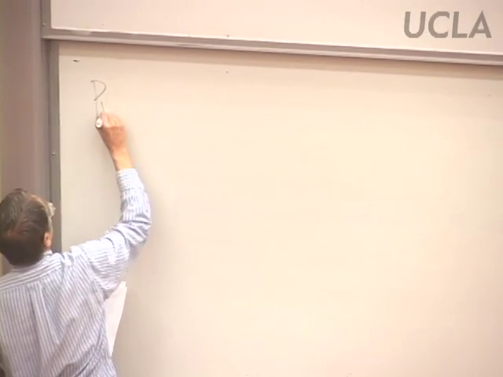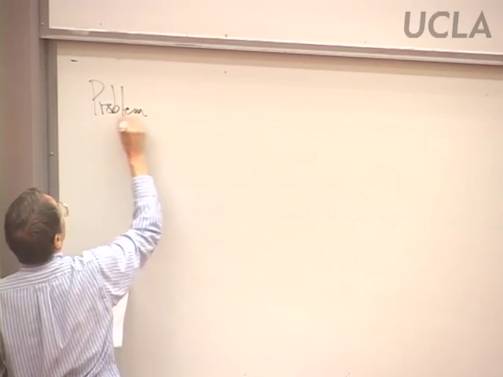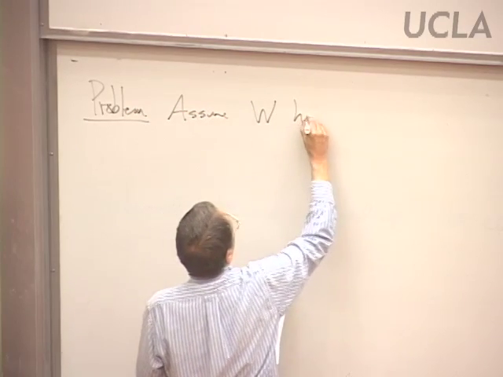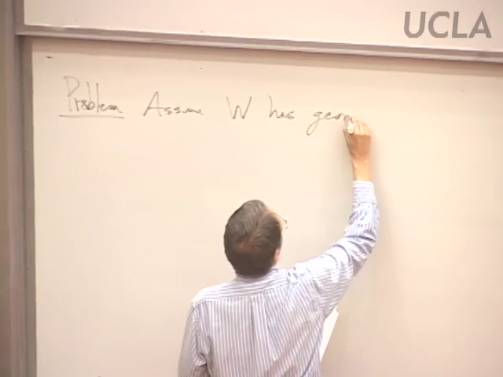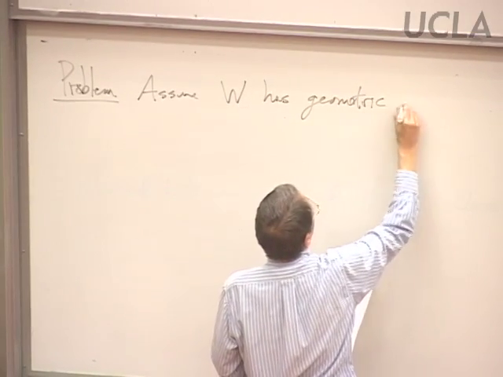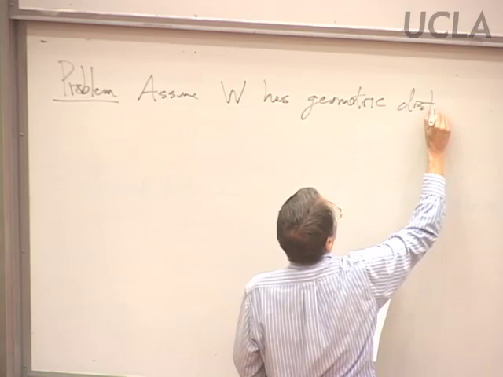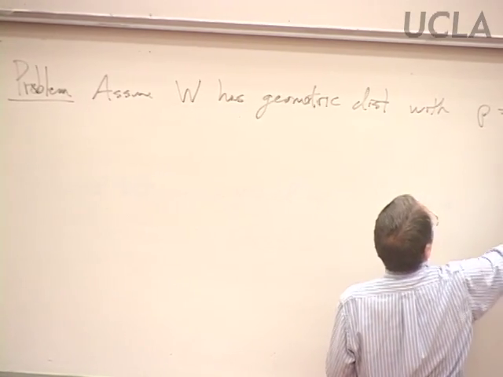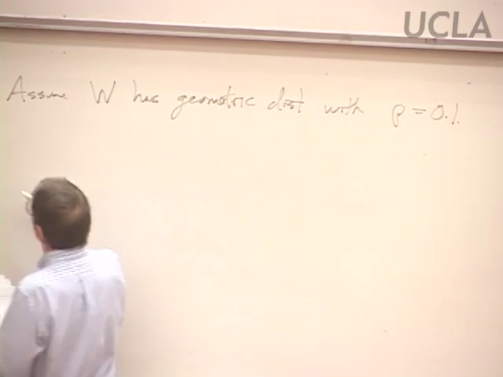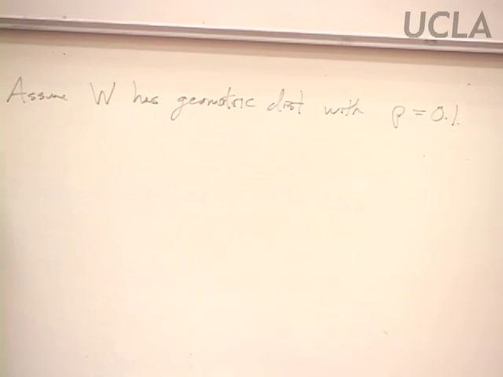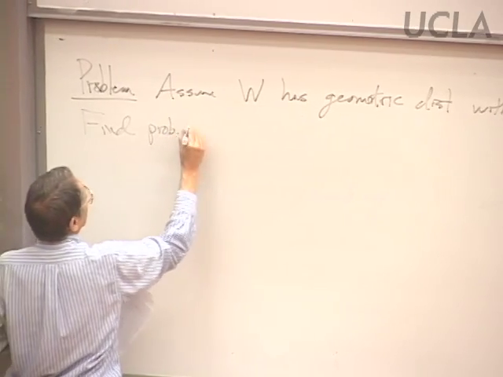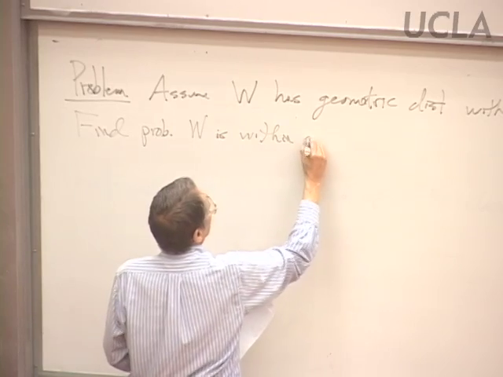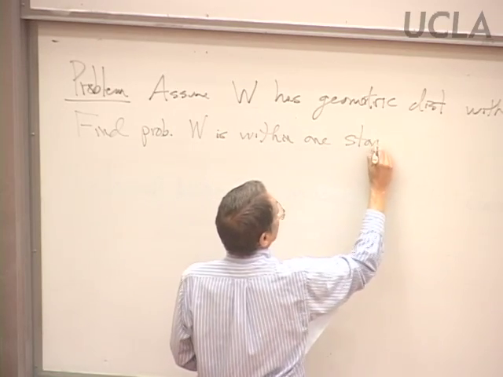Now let me write that down. That's the geometric distribution, and we want to find the probability within one standard deviation of the mean.